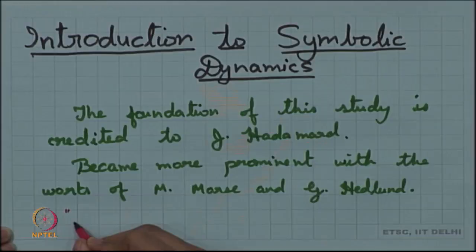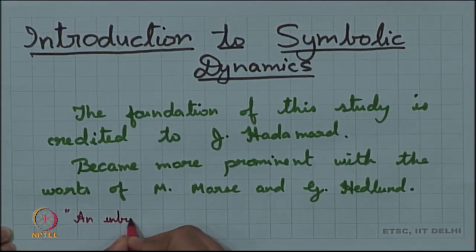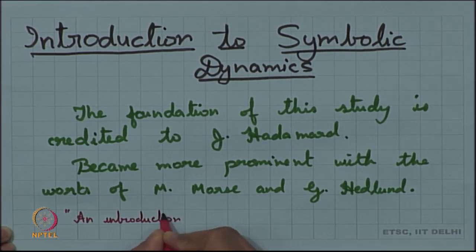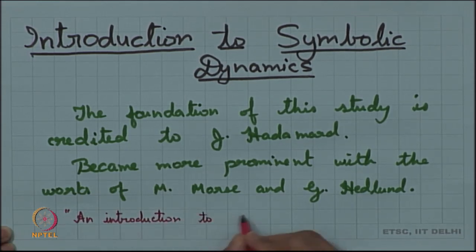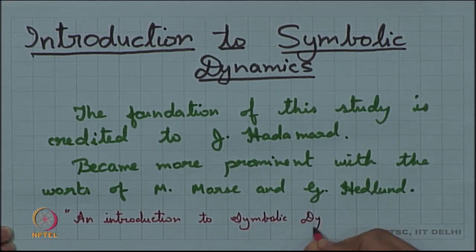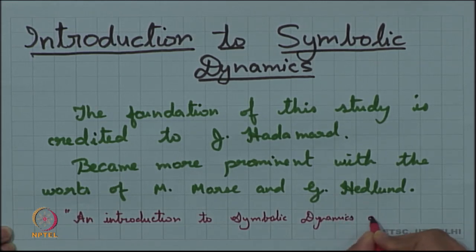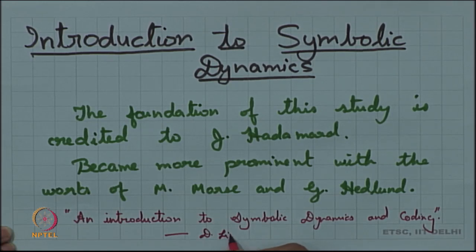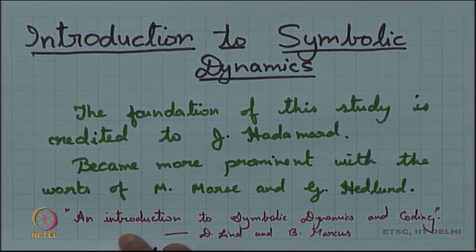But for those who are interested, I would suggest this book, An Introduction to Symbolic Dynamics and Coding, by D. Lind and B. Marcus. So, we start with this theory.